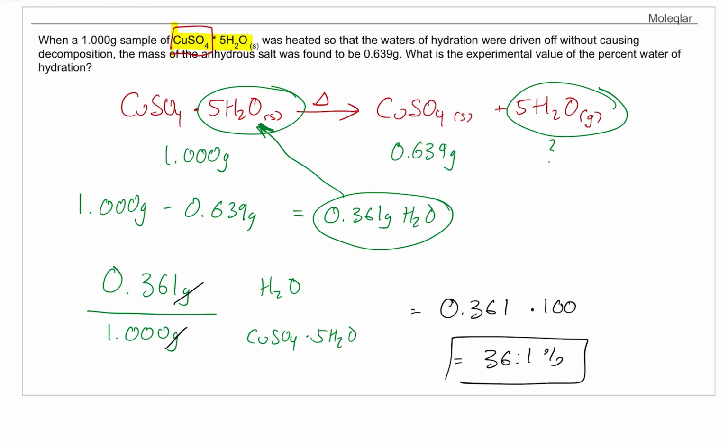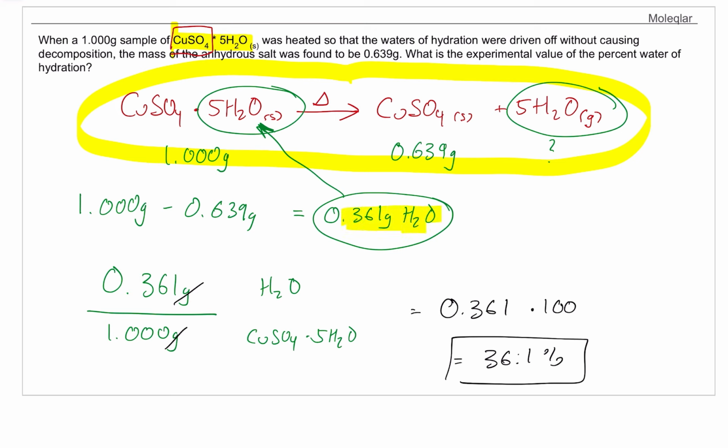So we used a couple of different laws here to solve this, and it's always good to create a visual. This was our visual that we created to put all these numbers into play. We found out that the amount of water that was driven off was 0.361 grams, and if the law of conservation of mass holds, that's how much our original sample had. So if we take that divided by our original sample, we get a ratio.